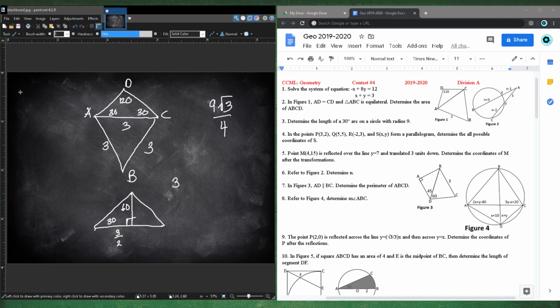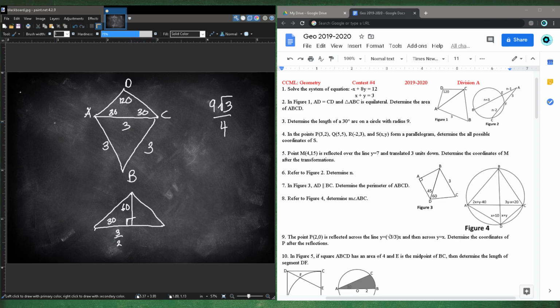So 3 square root 3 over 2 square root 3, multiplied by square root 3 on the top and bottom. Then this becomes a 3, so 3 divided by 3, those cancel out. So it's just square root 3 over 2 as our side length for the height.